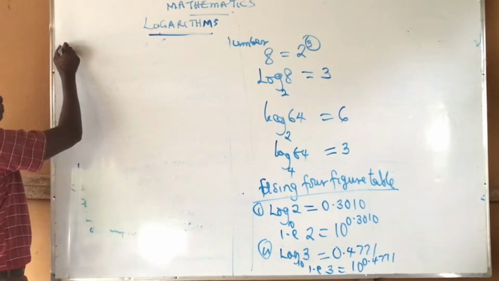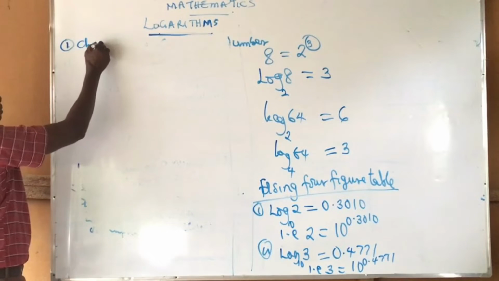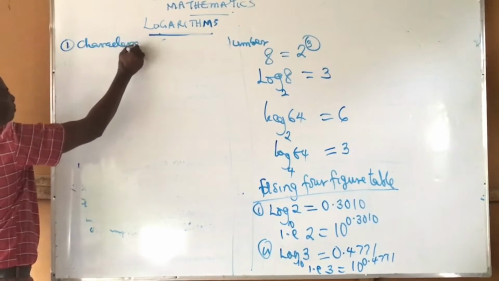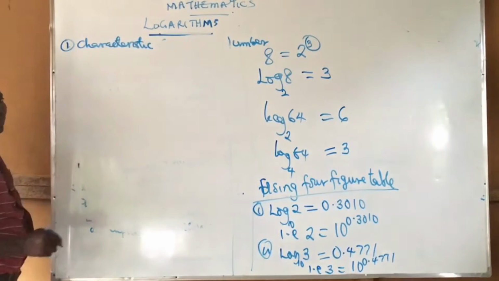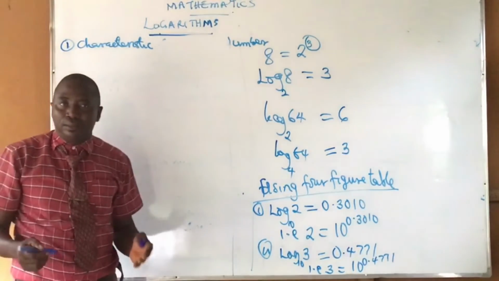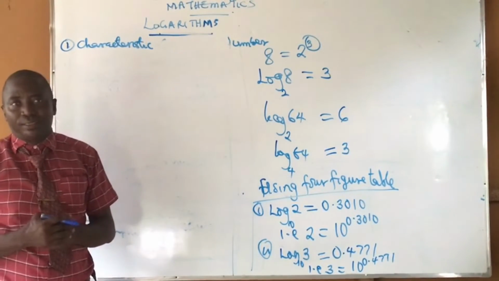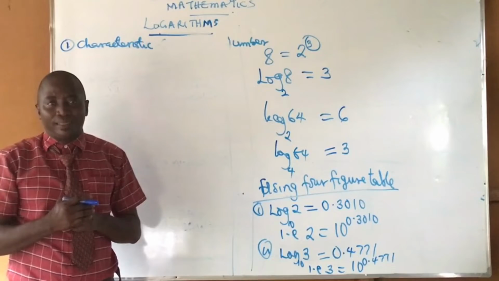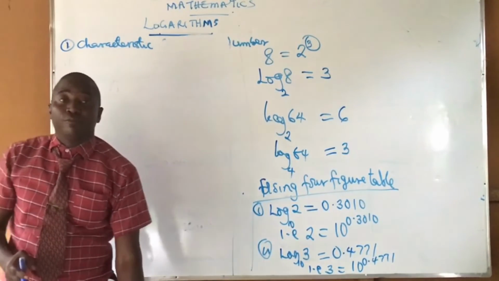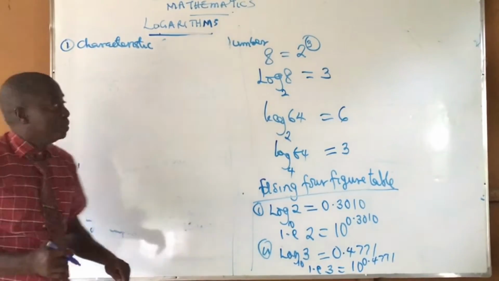Number 1, characteristics. You are the one to decide the characteristics. How do we decide the characteristics? Characteristics will not be checked in the 4-figure table. How?